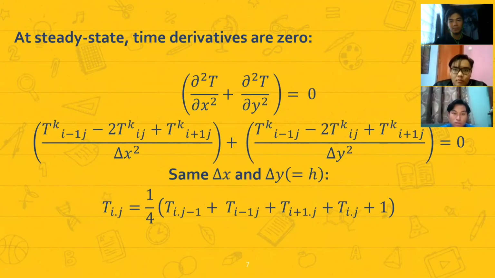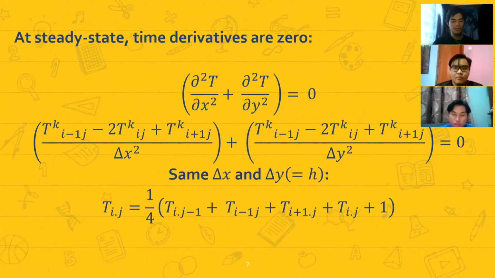At steady state, the time derivatives are 0. According to the formula, the second derivative of T over dx squared plus the second derivative of T over dy squared equals 0. This is the expansion of the equation.